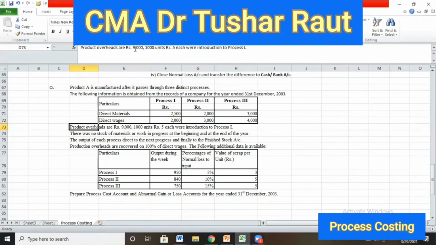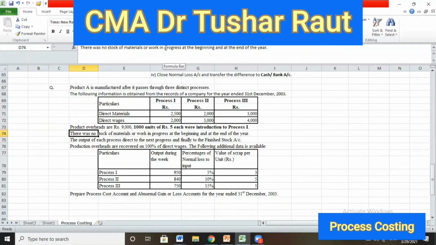Here we need to understand this concept. 1,000 units at rupees 5 each were introduced to process 1 account. That means the material being introduced in process 1 is a quantity of 1,000 units at a price of 5 rupees per unit. So 1,000 into 5 will be 5,000 rupees.